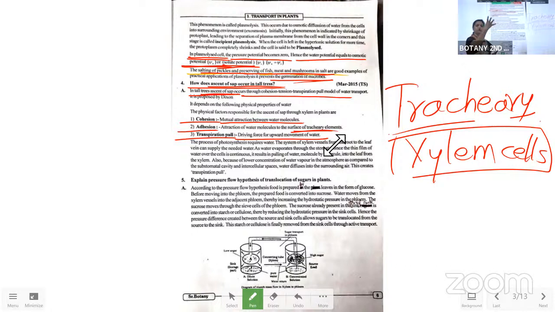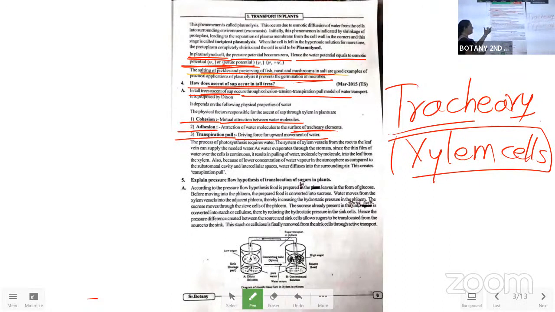To that cell, water will be supplied by the xylem cells. So it is with the transpiration only that pressure was applied on the root hairs. Whenever with that force water is taken up and pumped upward, that is called the transpirational pull. So, the driving force for upward movement of water.